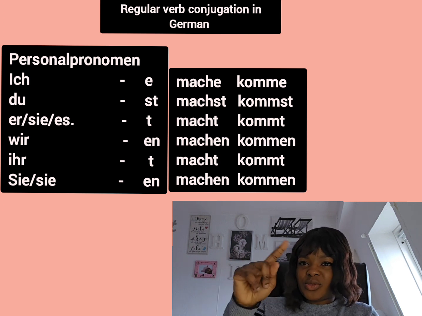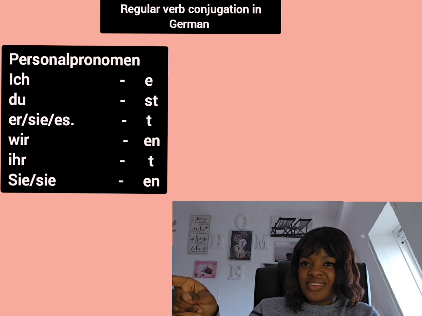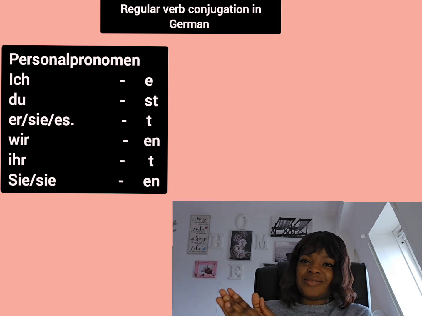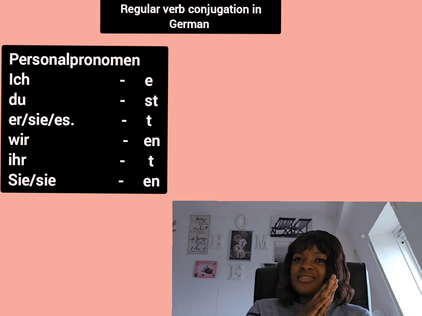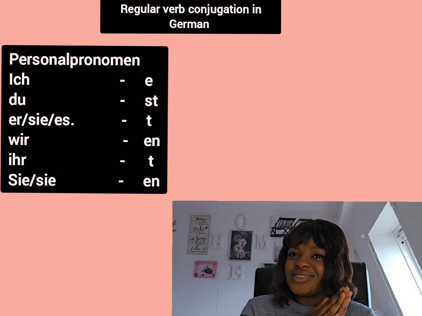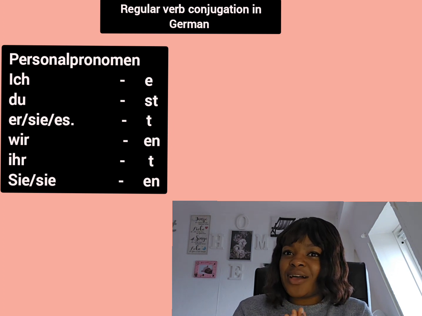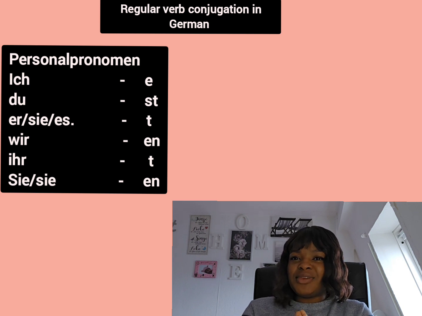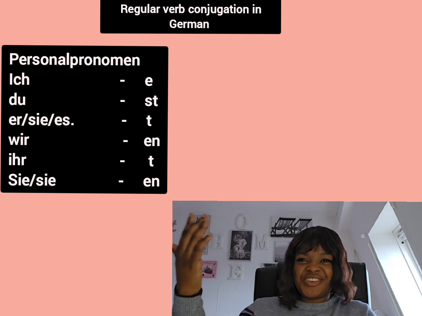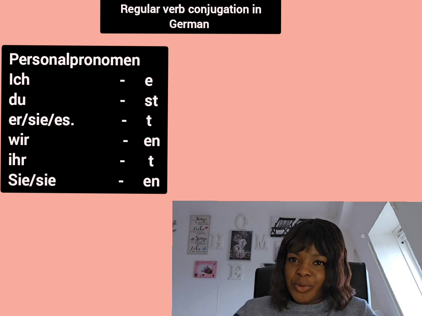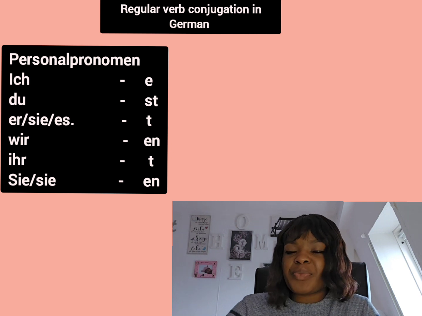It starts with a small letter when it's in the middle of a sentence, but when it's at the beginning of a sentence, it may be very difficult to understand. But like I said, you don't have to worry. Most times it depends on context, and when somebody is talking to you directly, you get to understand whether the person means she, they, or the formal you.